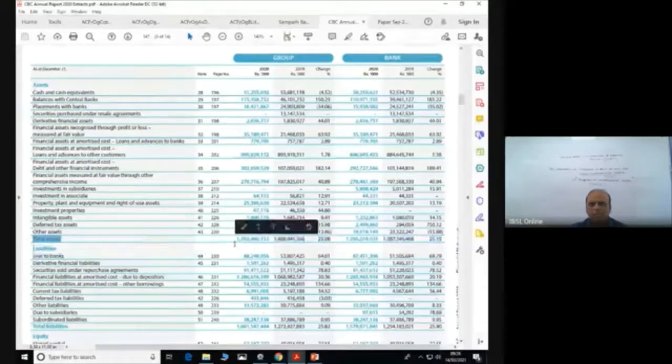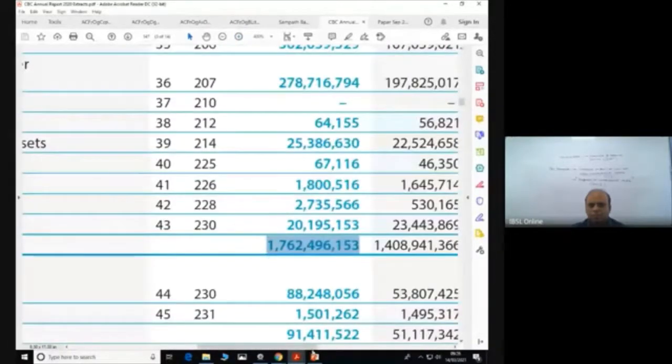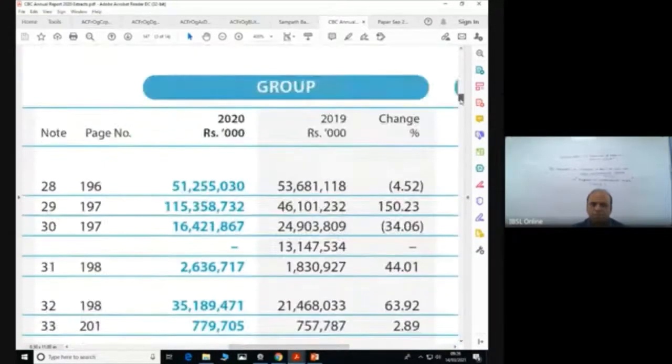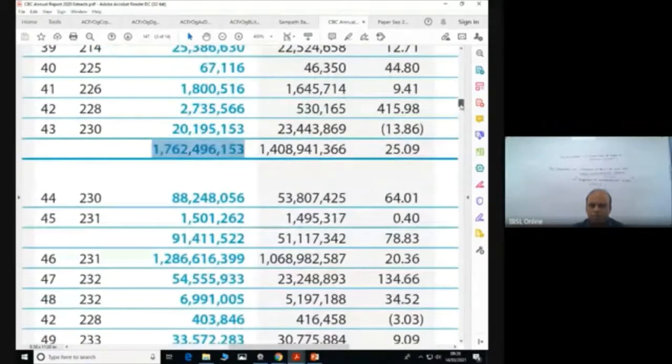Now here, look at this number. Total assets. How much is this number? Now you know this is in thousands. What is this number? This is 1 trillion.